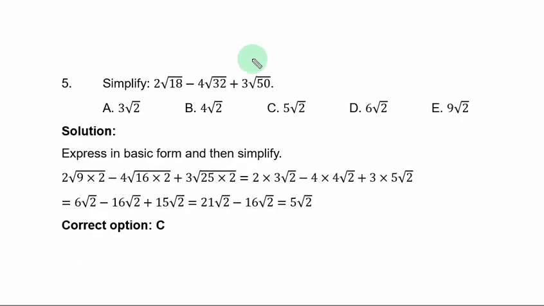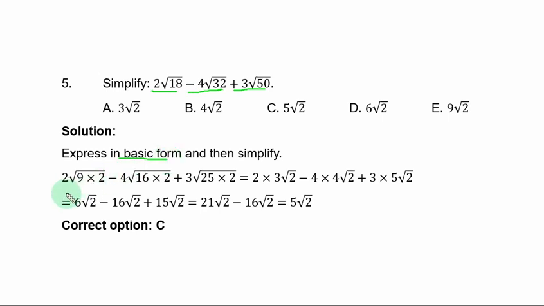Question 5. Simplify 2 root 18 minus 4 root 32 plus 5 root 50. Solution. You need to express in basic form and then simplify. In basic form, you look for a factor in the given numbers that is a perfect square.